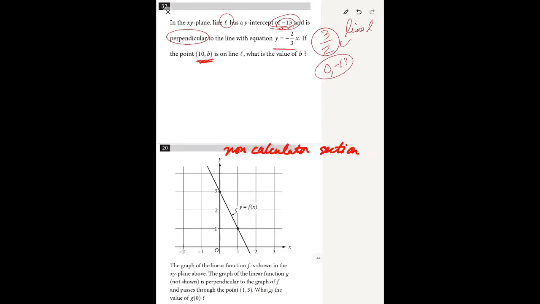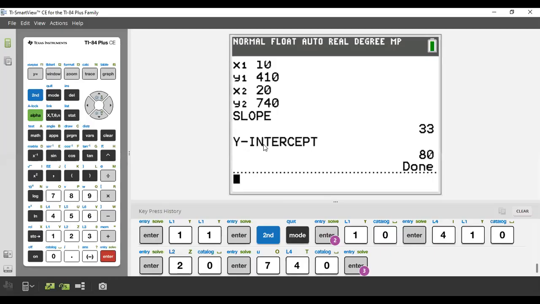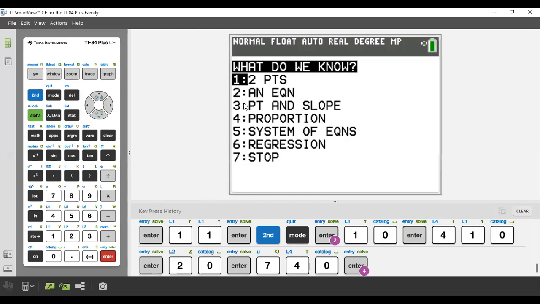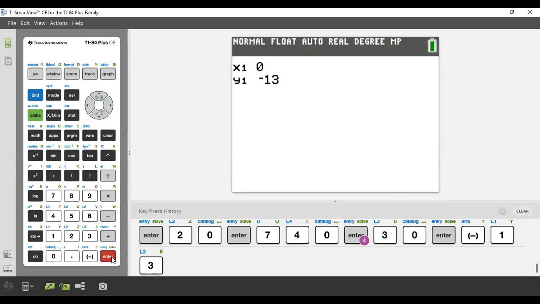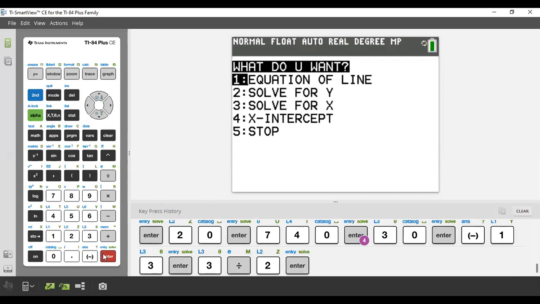So now that I have that, I can go over to ALINEAR and figure out everything else I need. So I press enter, and I'm going to use option 3 because I know a point and I also know the slope. So I choose 3, and the coordinates are 0 and negative 13. And the slope is a positive 3/2, the negative reciprocal of the other line.